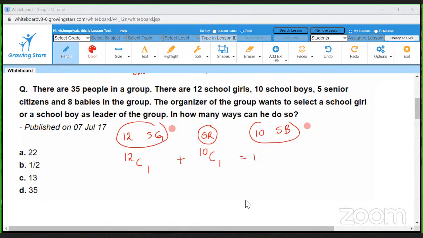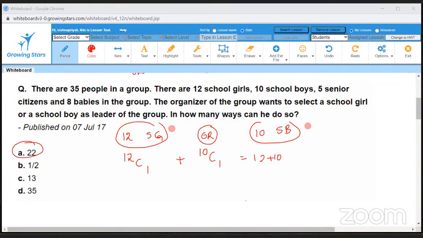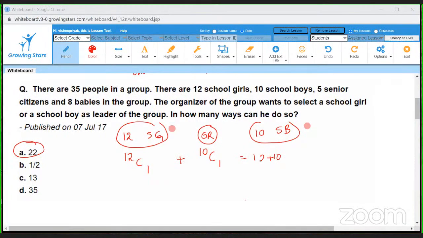Yes, Lohit said option A. That's correct. 12 plus 10, we get 22 ways possible. So once you understand whether the question says 'or' or 'and', you will understand what to do, add or multiply.